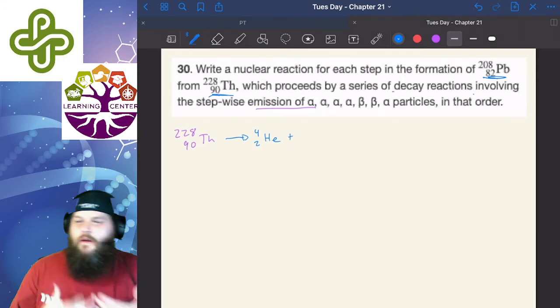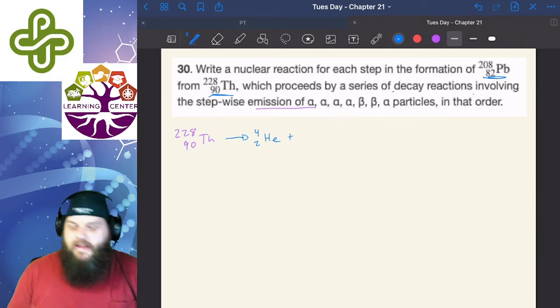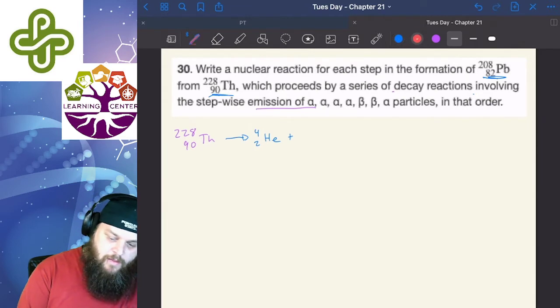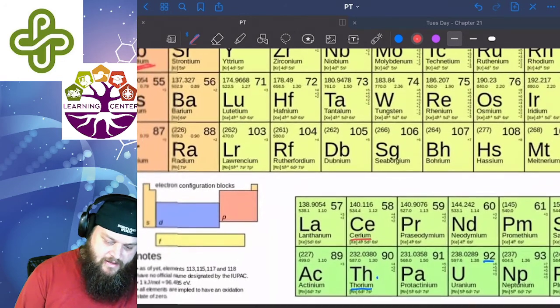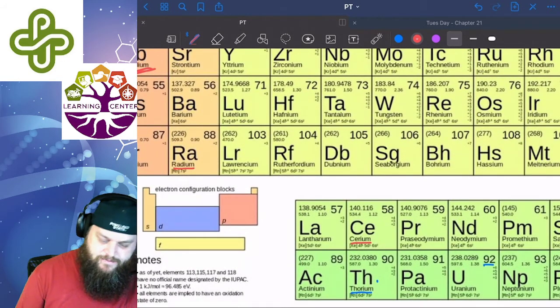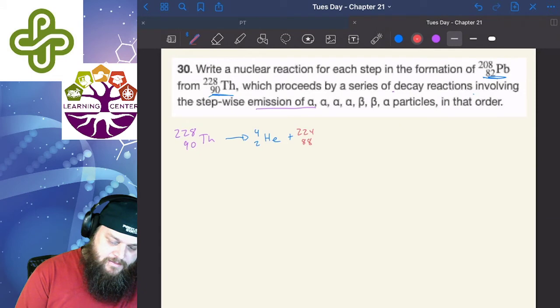And then when it emits an alpha particle, what's the remaining element that's there? Well, number-wise, we know 228 minus 4 is 224, and 90 minus 2 is 88. So now we just have to look on the periodic table. What's 88? 88 is radium. That's Ra.